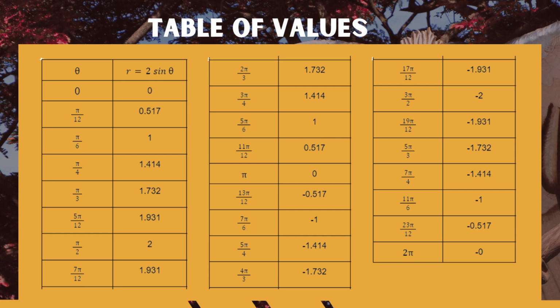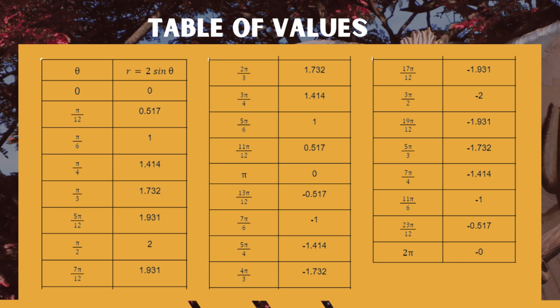7 pi over 12, we get 1.931. For 2 pi over 3, 1.732. For 3 pi over 4, 1.414. For 5 pi over 6, we get 1. 11 pi over 12, 0.517.